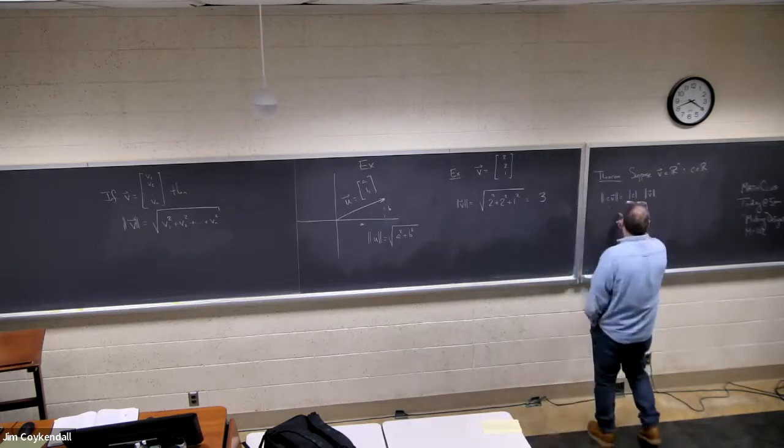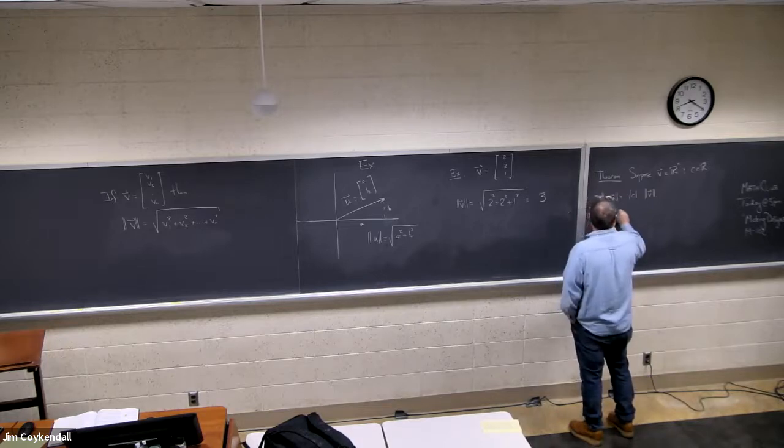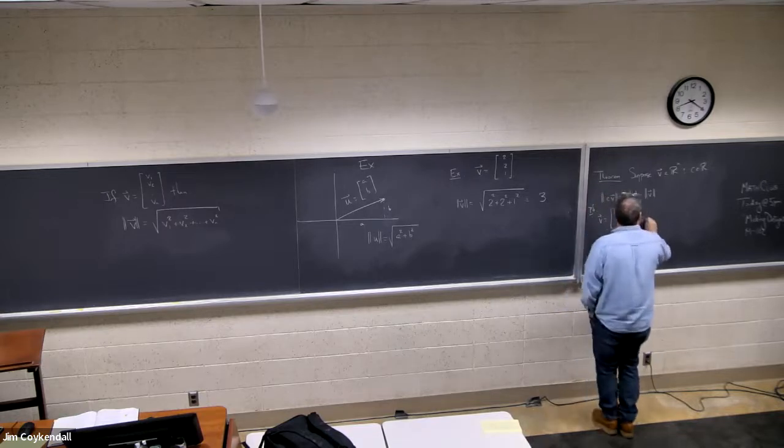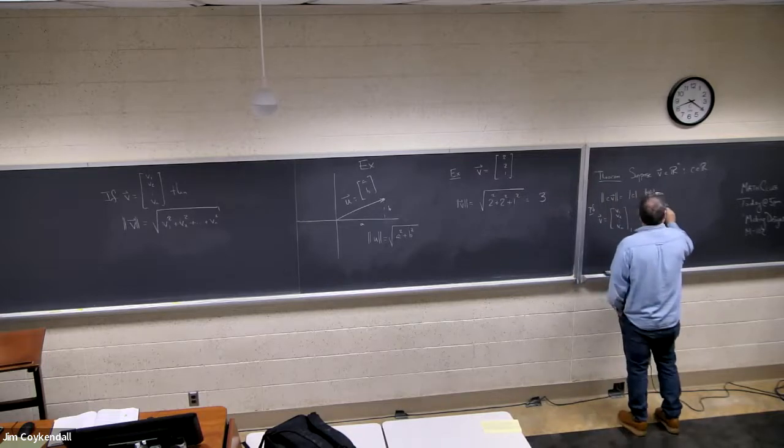And we can see this rather directly because B is B1, B2, through Bn. And CB is CB1, CB2, through CBn.